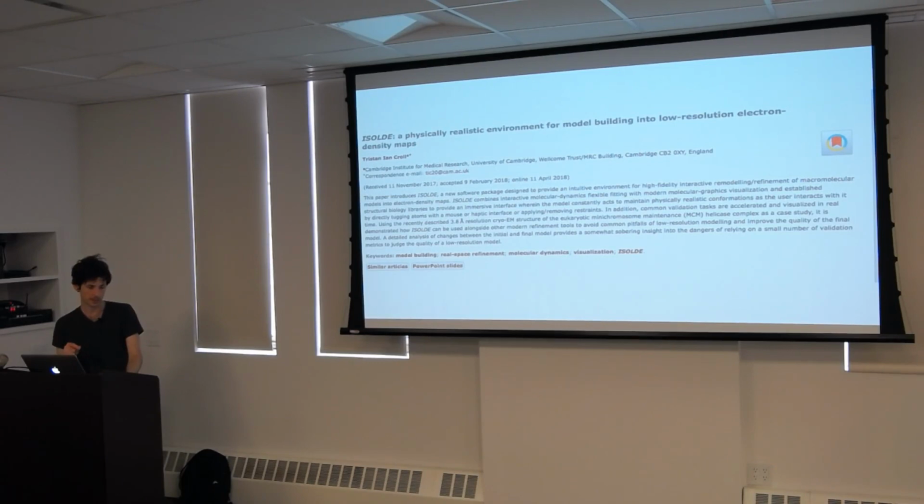And the idea of this is that whereas Qt is only considering local clashes in a linear region of sequence, with interactive molecular dynamics flexible fitting you're considering all the atoms and basically running a local molecular dynamics simulation that you can nudge into the density based on what you can see.